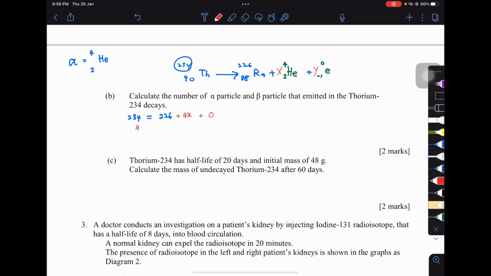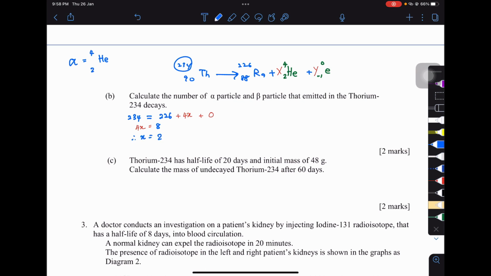From that equation, 4X equals 234 minus 226. So that's 8. Therefore, X equals 2.